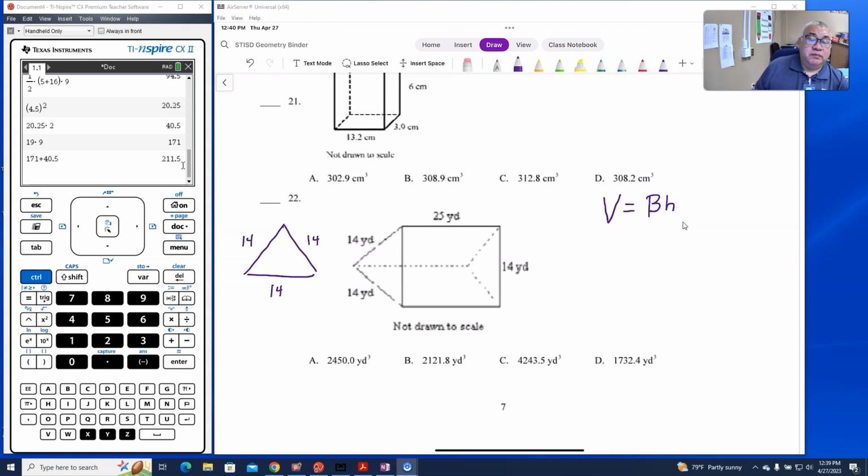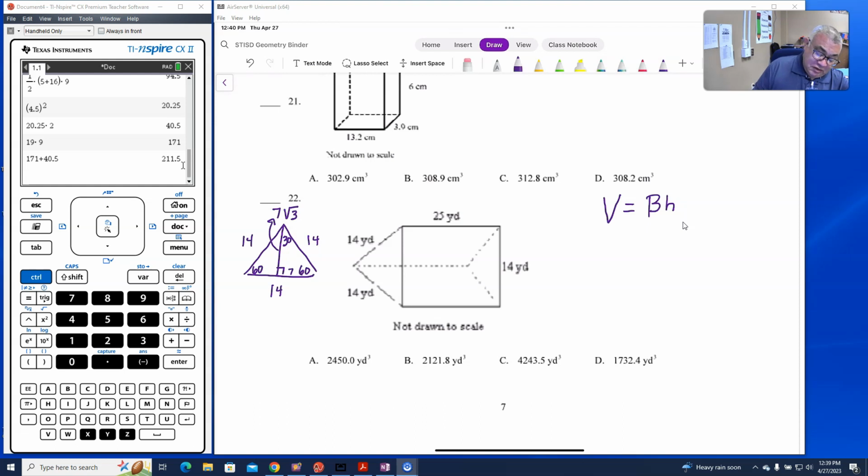What's equilateral? Since it's equilateral, it's equiangular. That means that this is 60. This is 60. This bisects it, so it's going to be 30. So this distance is 7. And so the height is going to be 7 times the square root of 3.